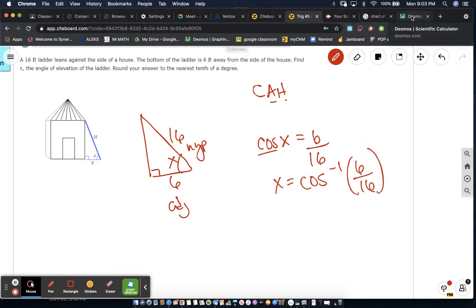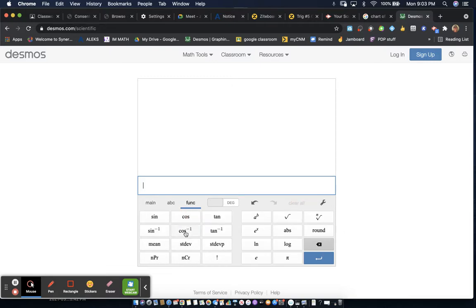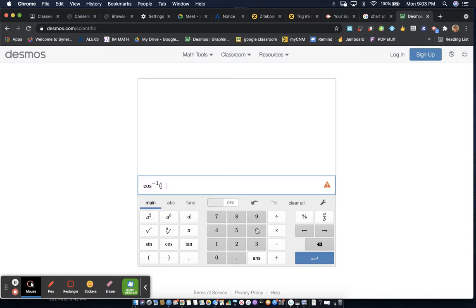So we're going to go cosine inverse of 6 divided by 16. And you get 67 point, ooh, this is a good one. Look, 67.97, the 7 rounds that up to another number, which rounds up there.